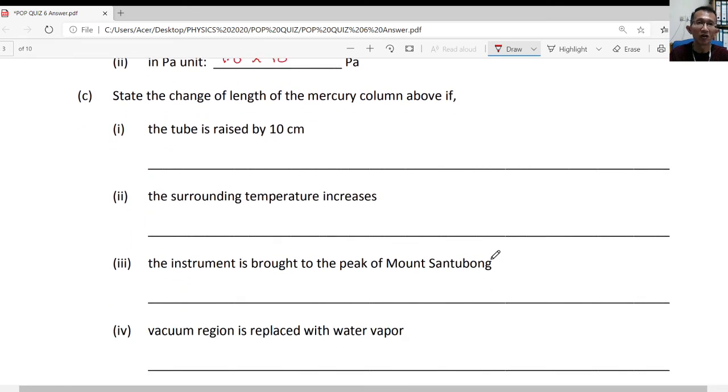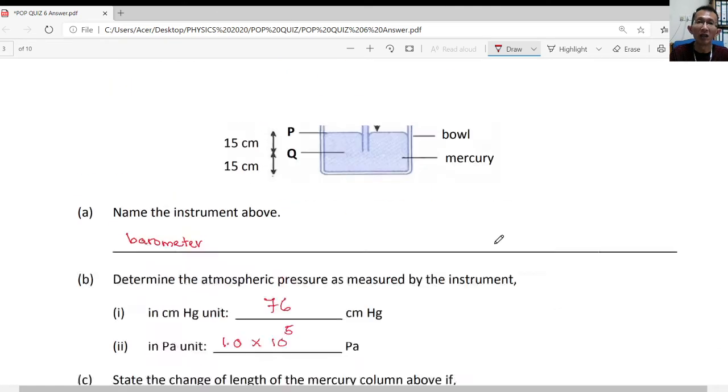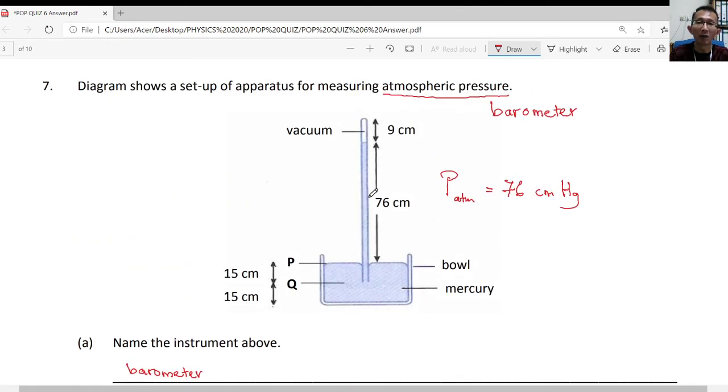State the change of length of the mercury column above if the tube is raised by 10 centimeter. Okay, if I lift this tube up, what will be the length of this mercury column? Is it going to be 76? Is it going to be increased? Well, remember that this instrument is to measure atmospheric pressure.